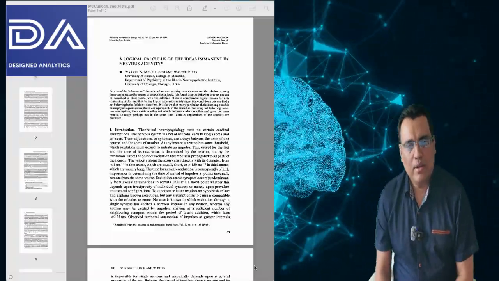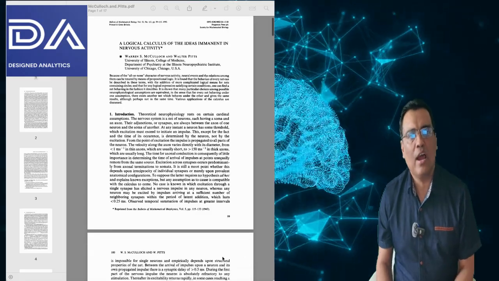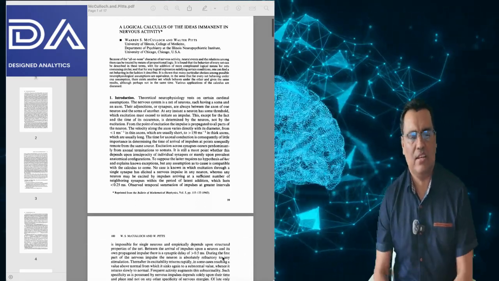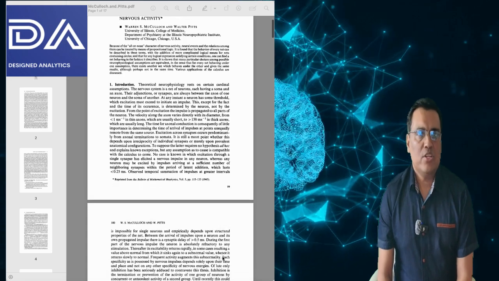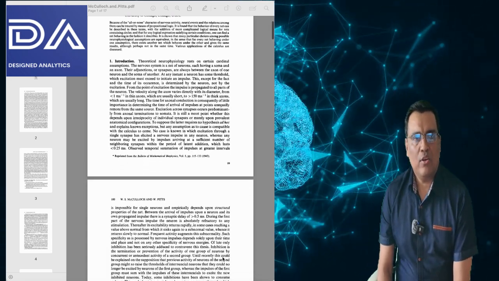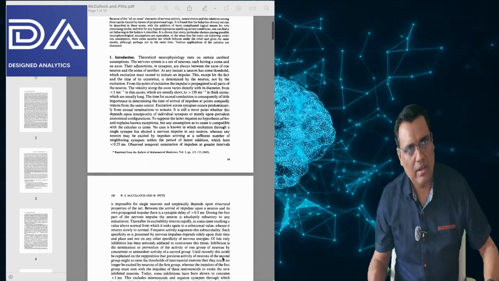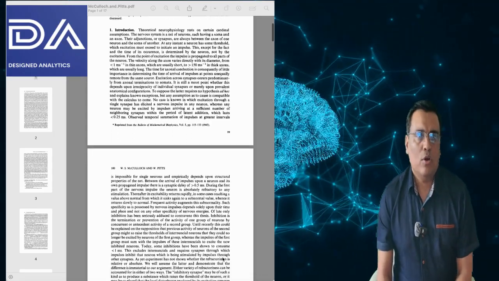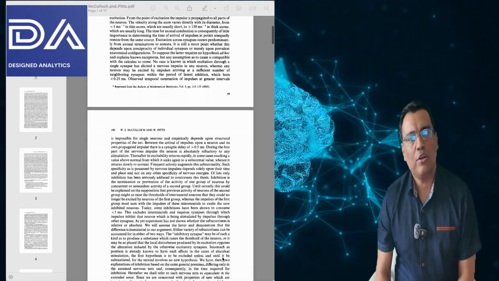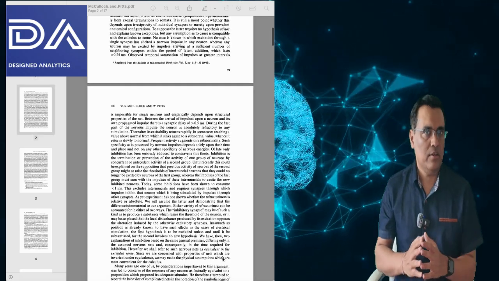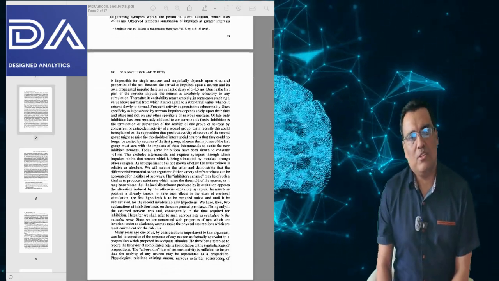This paper, "A Logical Calculus of the Ideas Immanent in Nervous Activity," was published in the Bulletin of Mathematical Biophysics. So in 1943, McCulloch, a neuroscientist, and Walter Pitts, a logician, came together to publish this paper.